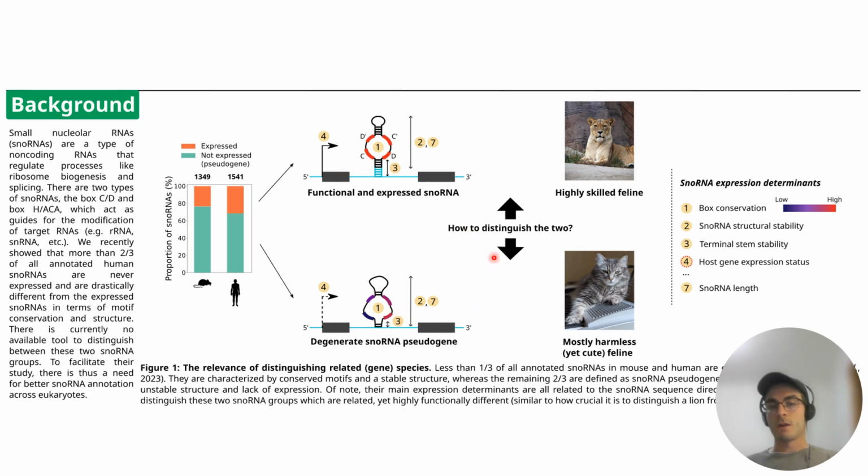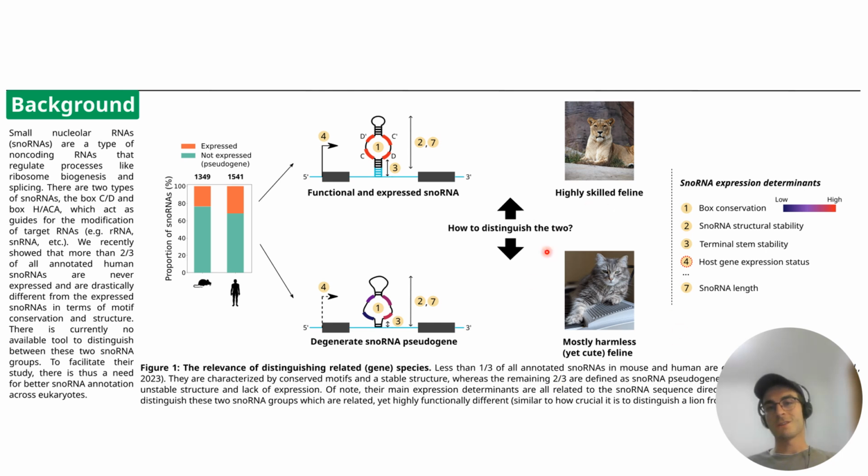So why should we care about distinguishing these two types of snoRNAs? There's this little analogy that I present. On top you have this highly skilled feline, which is the lion, which is really successful at hunting in the wild, and it would compare to this functional snoRNA that's really helpful or functional in the cell.